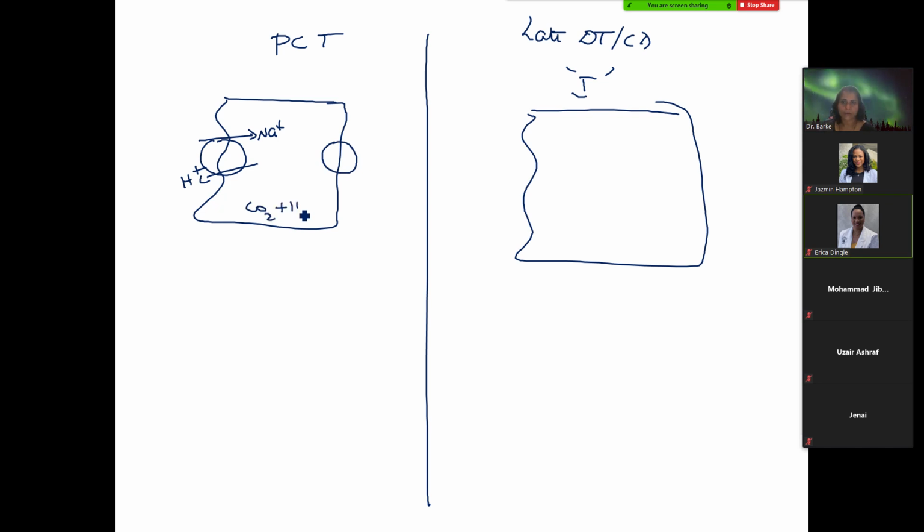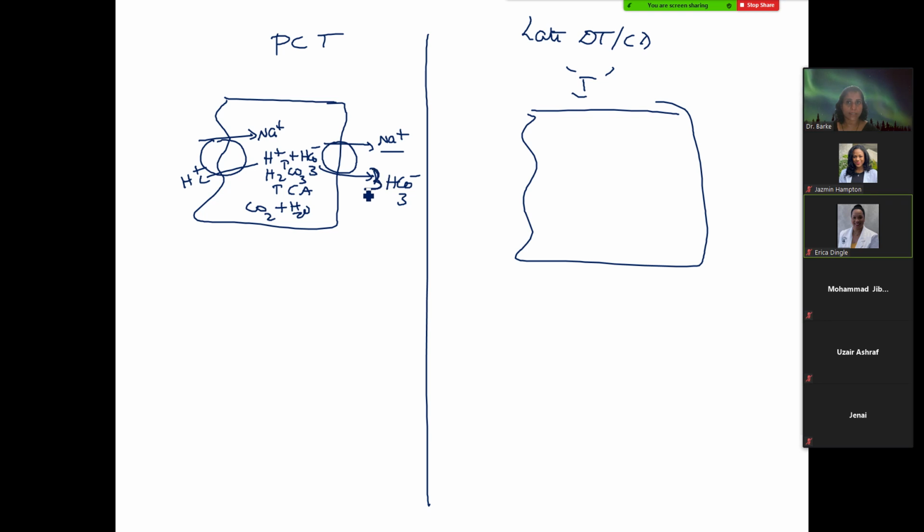Carbon dioxide reacting with water and carbonic anhydrase forms carbonic acid, which generates H plus and bicarb. For every H plus excreted, what's the fate of bicarbonate? It will follow the sodium three-bicarbonate co-transporter. So for every one sodium, three bicarbonate is following.